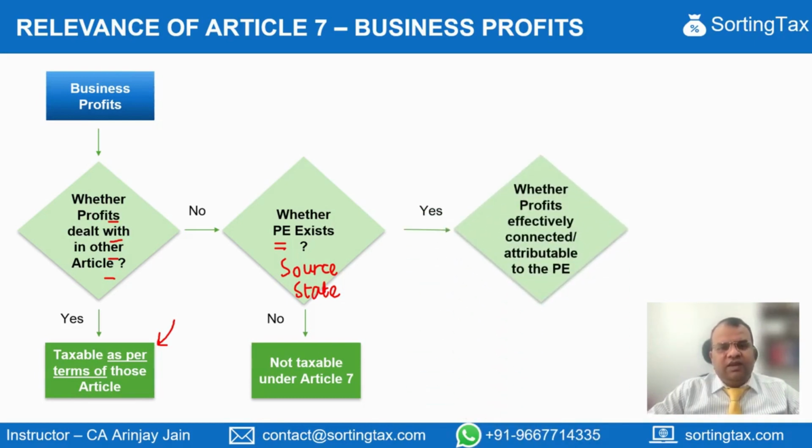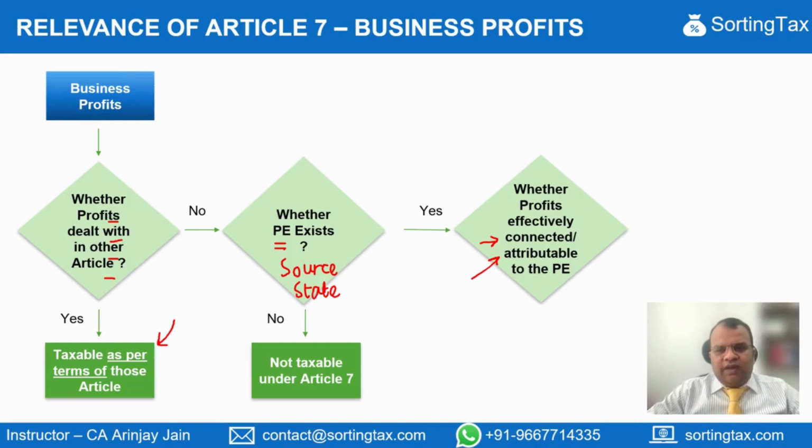However, if there is a permanent establishment, then one needs to see whether the profits are either effectively connected or attributable to the permanent establishment. Attributable would mean that the profits have arisen as a result of the activity of the permanent establishment. Now, in a complete business, there may be a head office, a PE, and certain other parts of the enterprise.